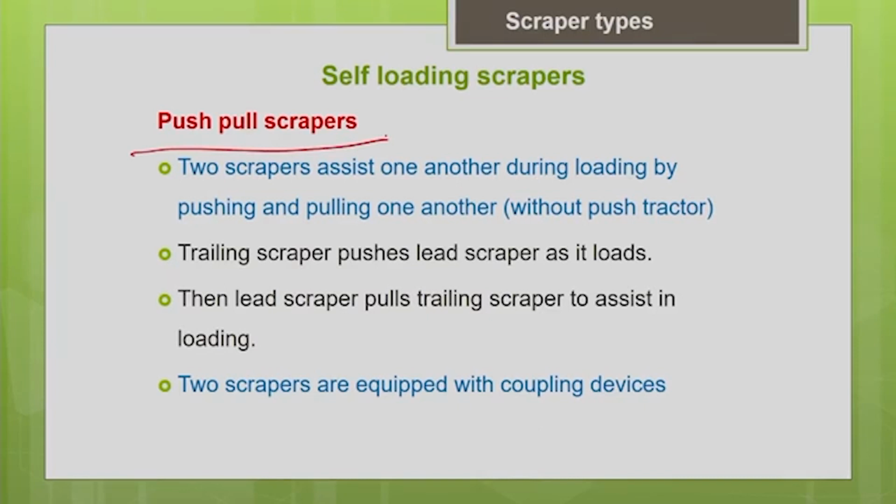Another type of self-loading scraper is the push-pull scraper. These machines do not take the help of another machine, like a pusher. For example, the scrapers employed at a project site will do teamwork. If there are two scrapers, one is in the leading position and the other is in the trailing position.